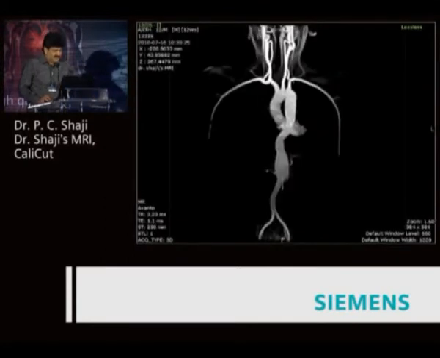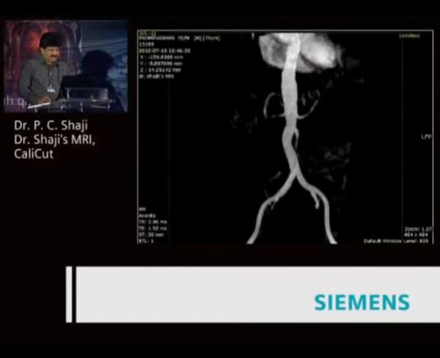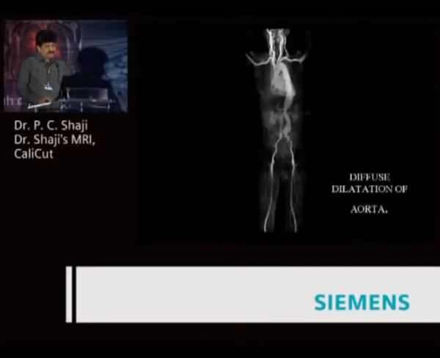This is a 12-year-old male patient with 2 aneurysms. You can see the intra-abdominal and lower upper thoracic aneurysms, probably due to connective tissue disorder. In atherosclerotic dilatation, there is diffuse dilatation of the aorta. Again, diffuse dilatation of the aorta involving the entire ascending arch and the descending aorta.